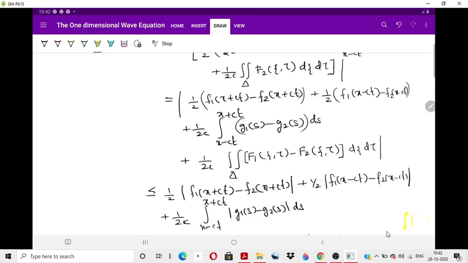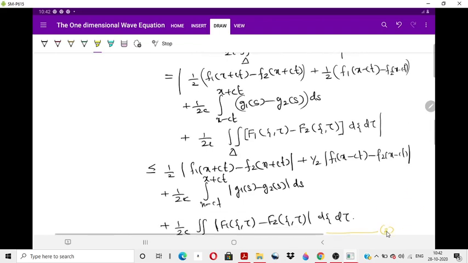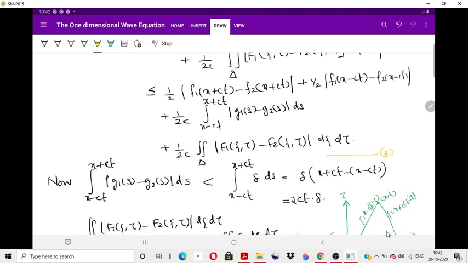So we have 1/(2c) integral x-ct to x+ct modulus of g1(s) minus g2(s) ds plus 1/(2c) double integral over the characteristic triangle delta modulus of F1(theta, tau) minus F2(theta, tau) d theta d tau, and number it as inequality 3.